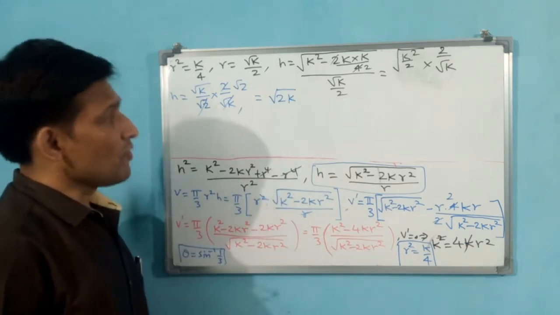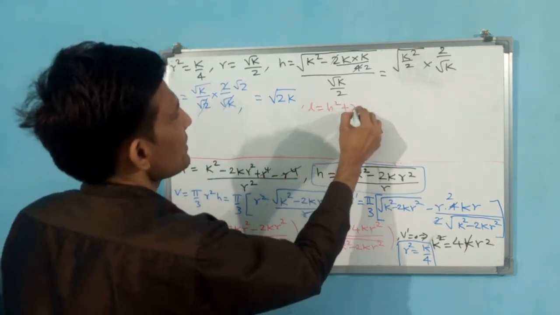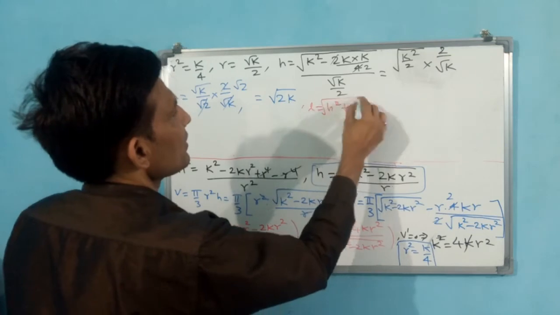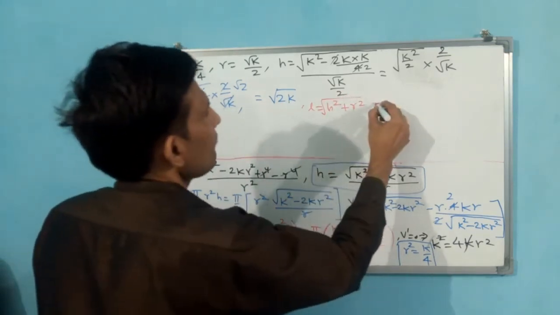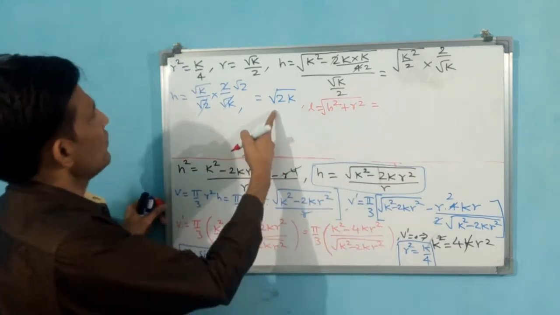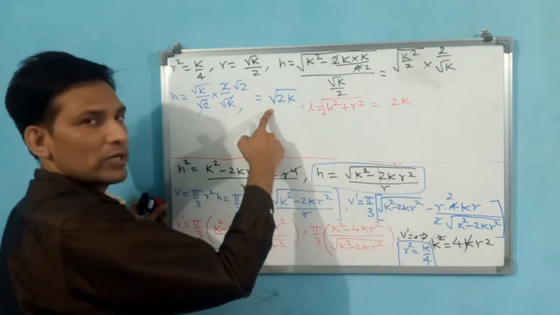Now you go for L. L is equal to the root of h square plus r square. H square means 2k will come, because the root gets cancelled when you square.